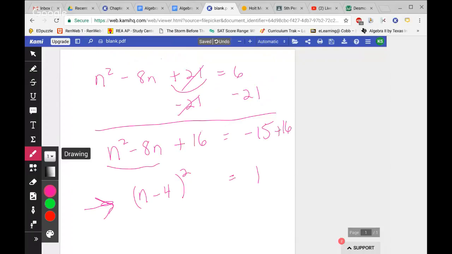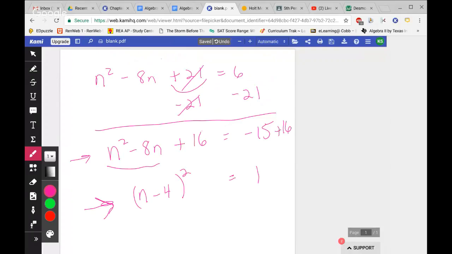But if you'll also notice this n minus 4, I squared it. And the reason why I did that, if you actually squared n minus 4, like that, these binomials, you would actually get this trinomial right there. Does that make sense to you? Yes. Okay, good.